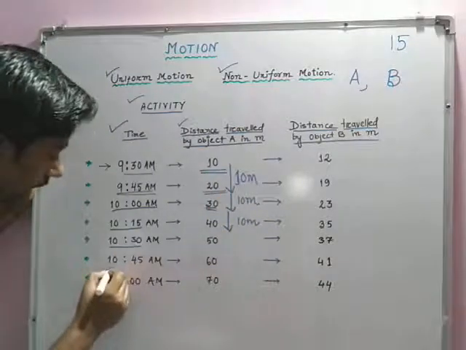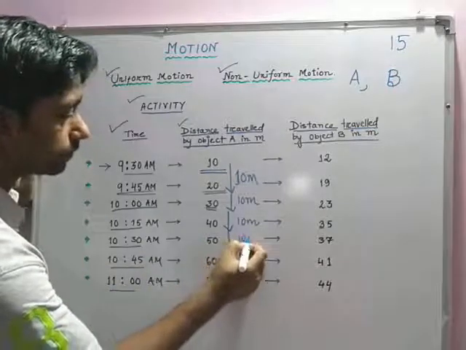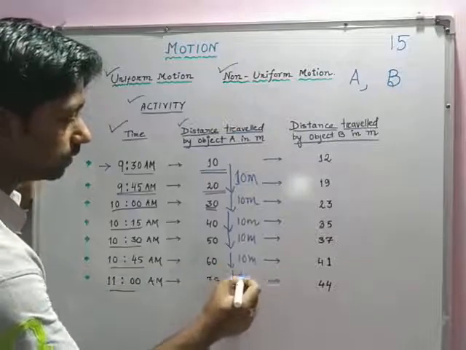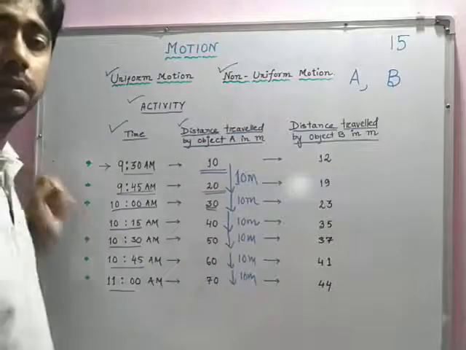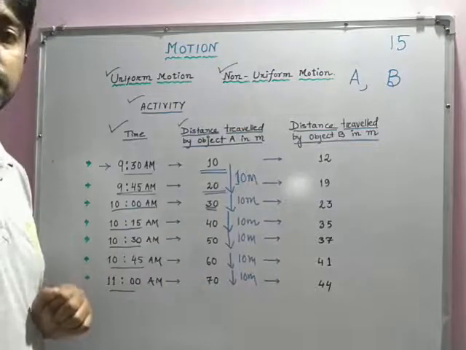Similarly for 10:30, 10:45 and 11, if you calculate, each of these distances is 10 meters.